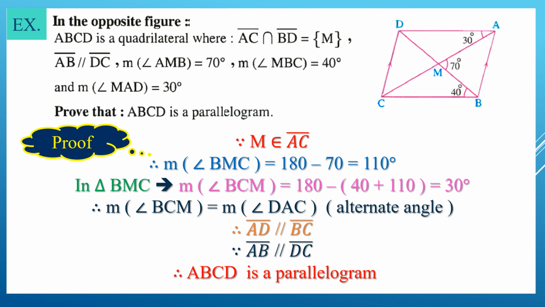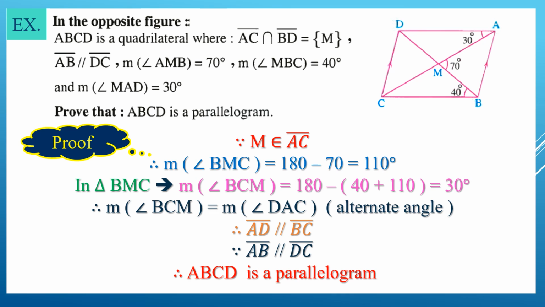Since M belongs to AC, then measure of angle BMC equals 180 minus 70, which is equal to 110 degrees. In triangle BMC, measure of angle BCM equals 180 minus (40 plus 110), which equals 30 degrees.